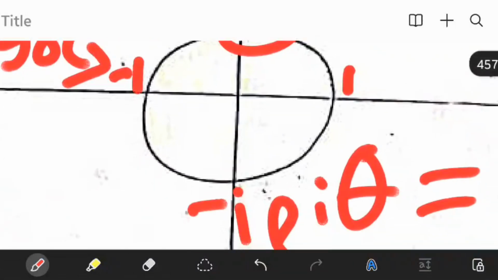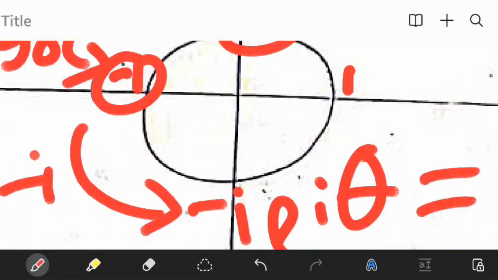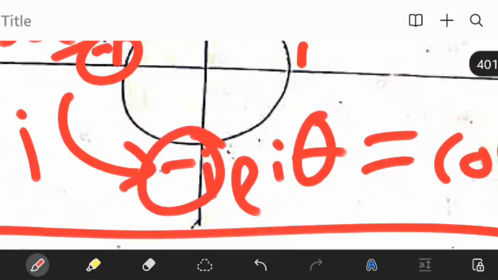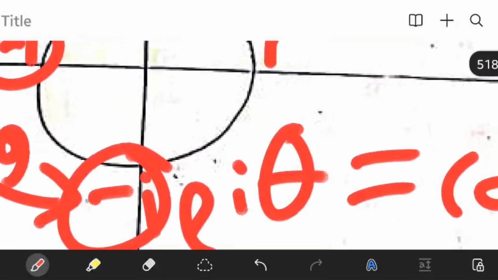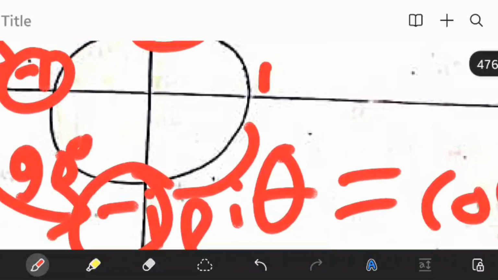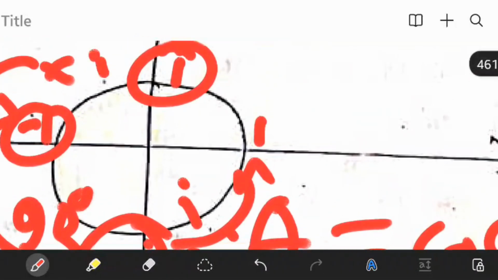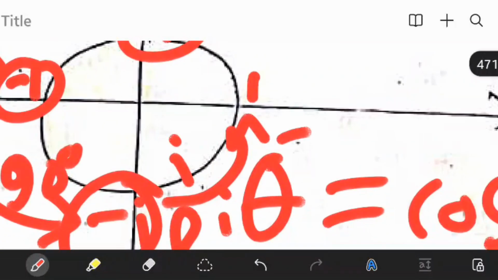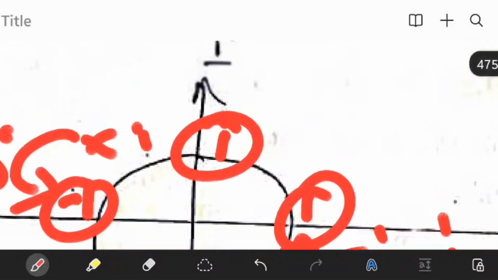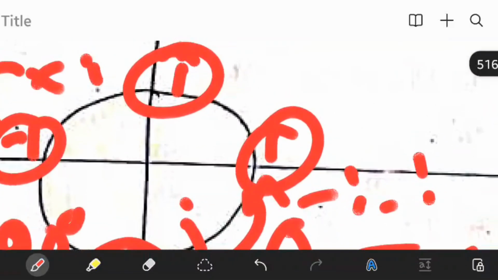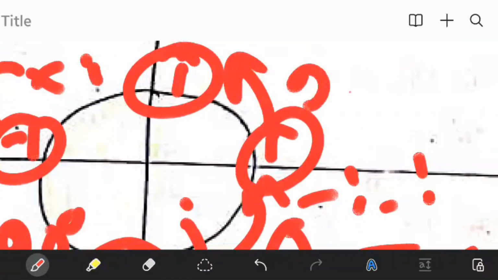We multiply -1 with another i, we end up at negative i, another 90-degree rotation. Again with another i, negative i times i is 1, and lastly another 90-degree rotation when we multiply it by i.